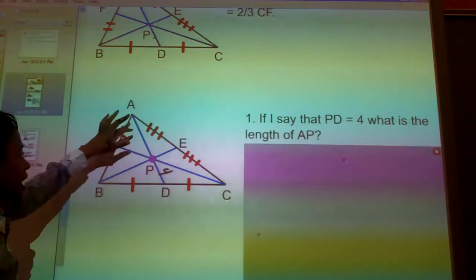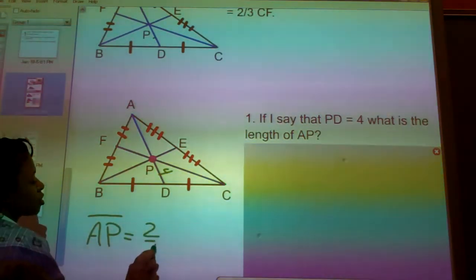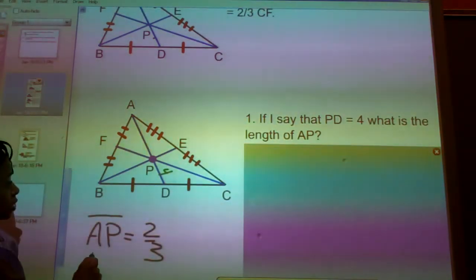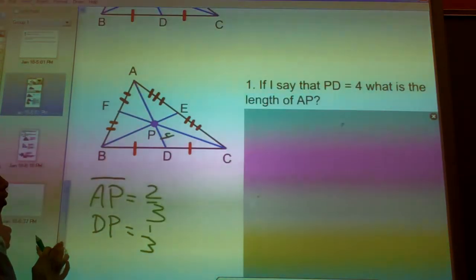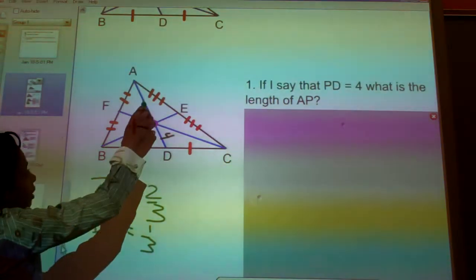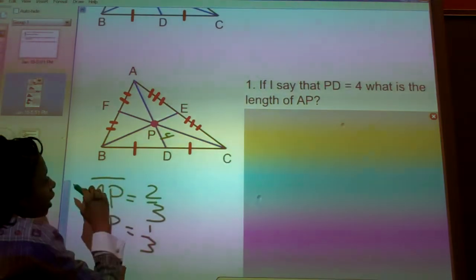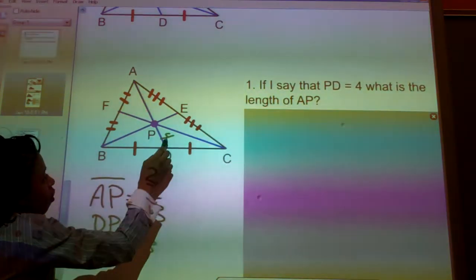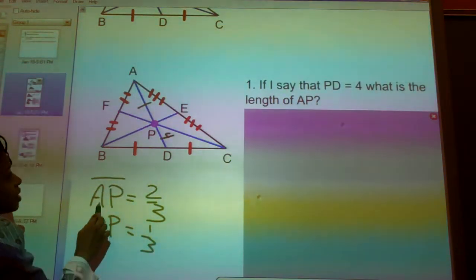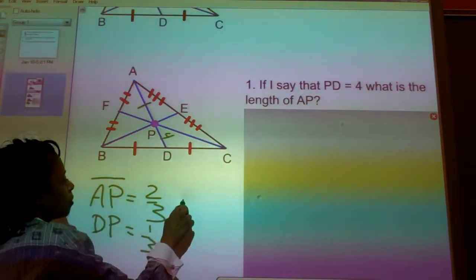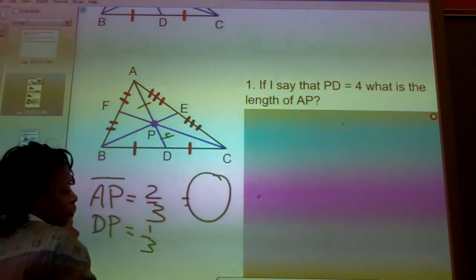Remember what we said, that AP is going to be 2/3 the length, and DP is 1/3. If this is 4, then to make the full length, 4 times 3 is 12. Or this will be another 4 here, and that will be another 4, so that means AP has to be equal to... excuse me, sorry, not 4, 8.